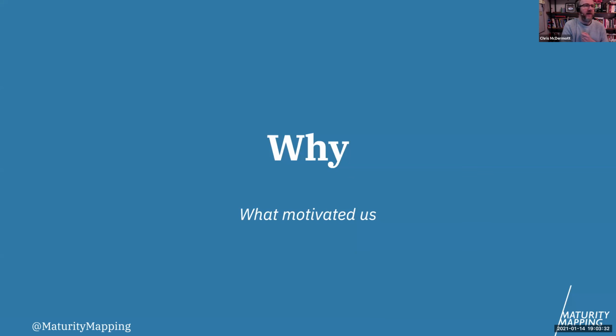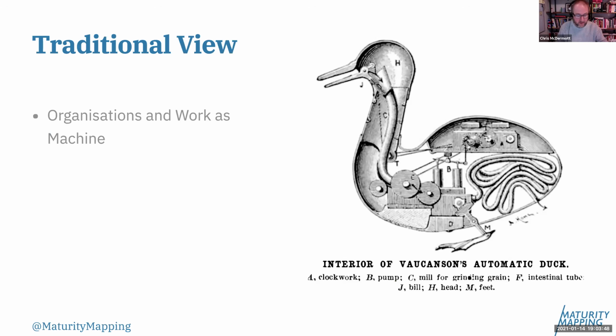So why then? What motivated us? What motivates us to map practices and try and understand organizations through these maps and their capabilities and practices? As agile coaches, and Mark also is an agile coach, we recognise that organisations often see the world through what we call here a traditional view.